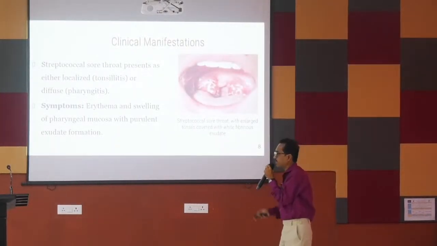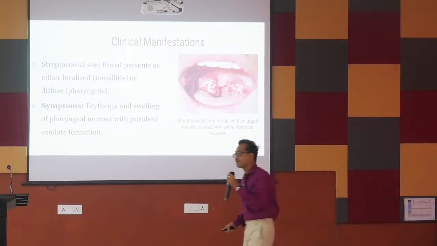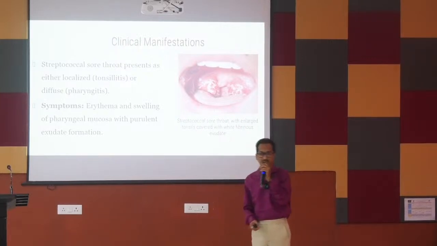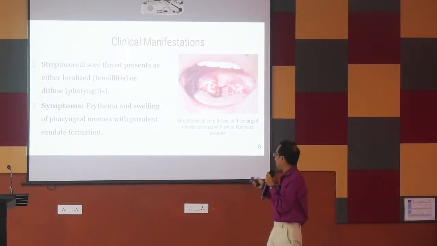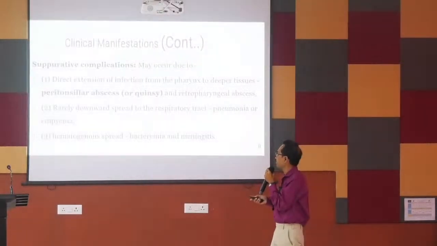This is the streptococcal pharyngitis or tonsillopharyngitis. There is a white patch on the tonsillar fossa, that is the streptococcal pharyngitis, that is the cause of localized tonsillitis, or it may cause diffuse pharyngitis. So you can see the enlarged tonsils covered with white fibrinous exudate.